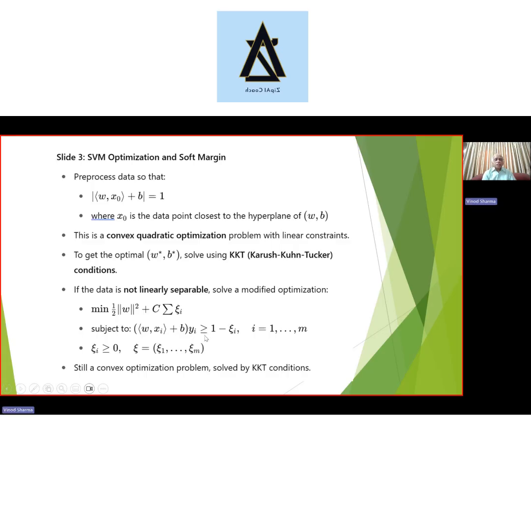Now we relax it to greater than or equal to 1 minus zeta i, where zeta i is greater than or equal to 0. We solve this optimization problem. Then it will provide a solution WB, the optimal solution. Otherwise, the previous optimization problem, if the data was not linearly separable, will not provide any solution, because there will be no feasible WB satisfying the constraints. So this modified optimization problem is still a convex optimization problem and can be solved by the KKT conditions using the same algorithm that we have mentioned earlier.